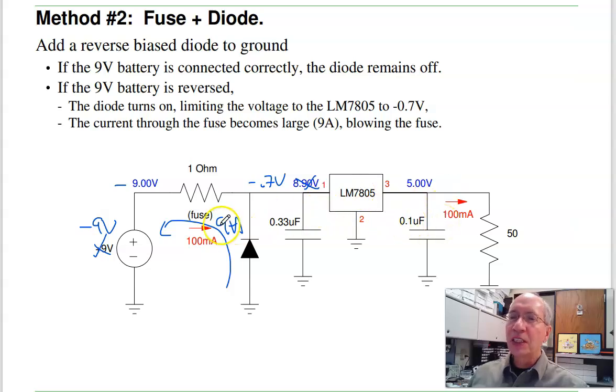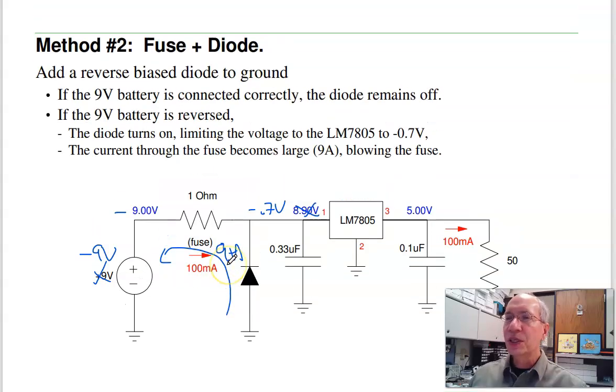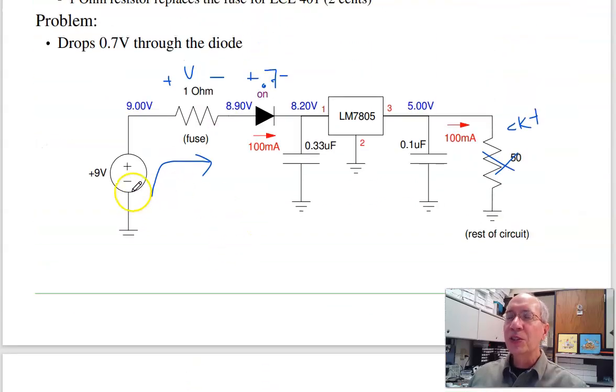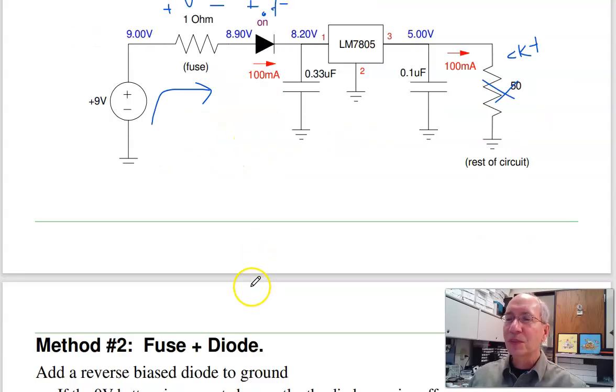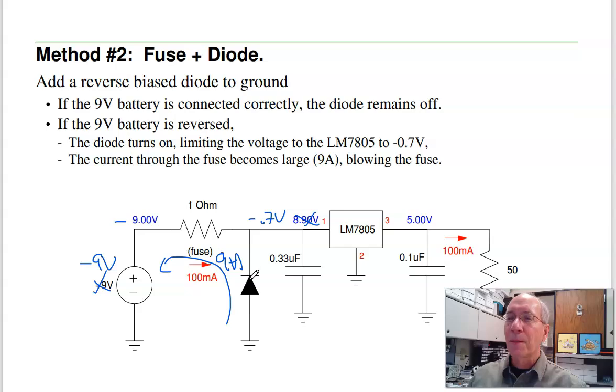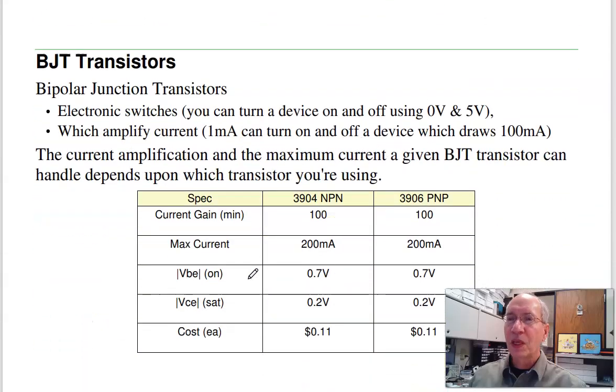But what I do get, I get 9 amps. That'll tend to burn out the 1 ohm resistor, your fuse, or burn out the diode, or both. So this also works. My preference is the first way, so if I connect it backwards, I don't burn anything up. I just have a diode turn it off. But either one will work. So that's diodes.